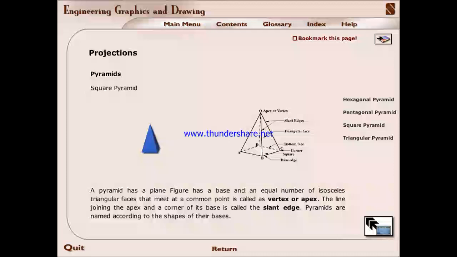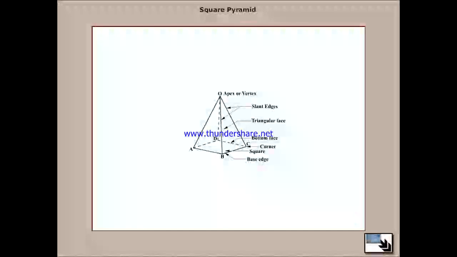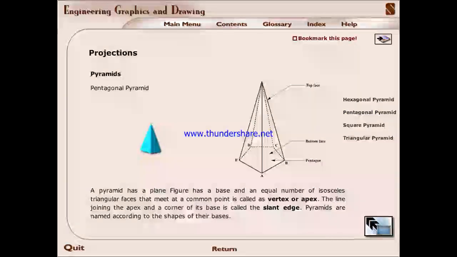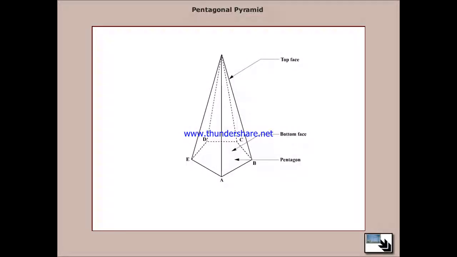Next, square pyramid. It is also defined the same way. It will be observed like this. Pentagonal pyramid. While zooming the figure like this, it will appear.